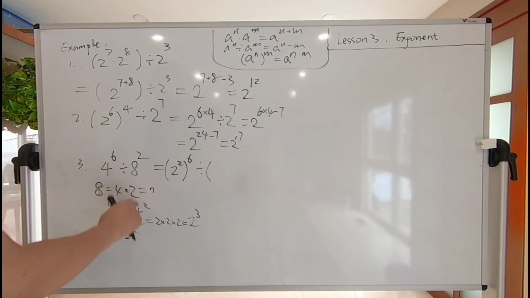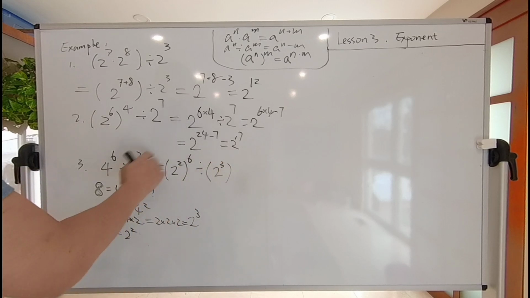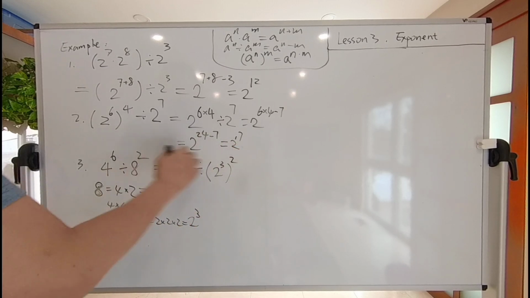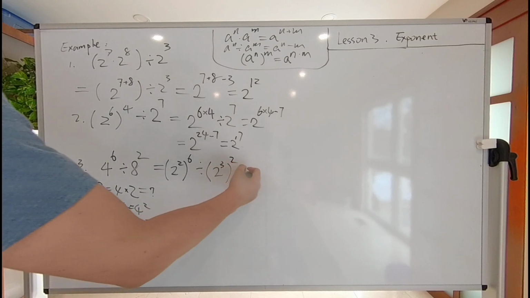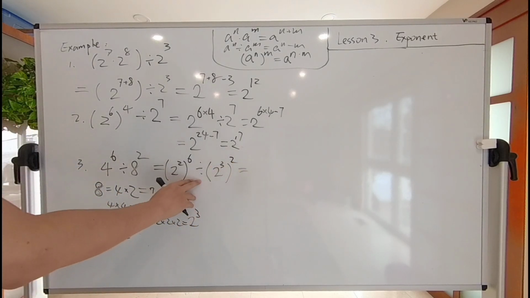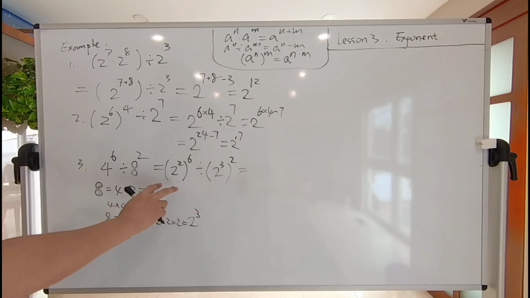Similarly, 8 can be replaced by 2 cubed, and the square should also stay in the same place. Before we do any division here, we should take care of the power operation first.